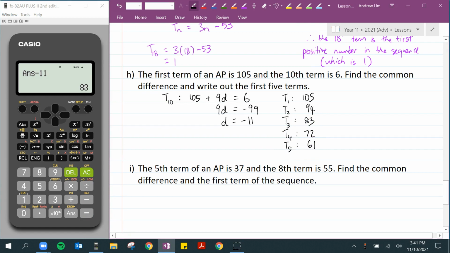They are our first 5 terms. Of course, if you want to write it as a sequence, you can. You can just write it as 105, 94, 83, 72, and 61.